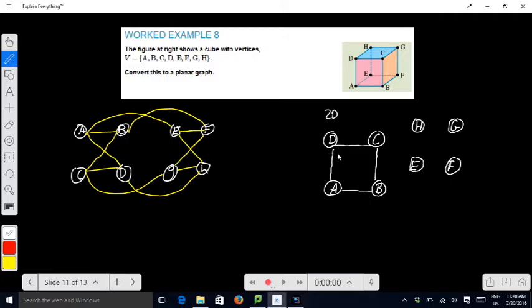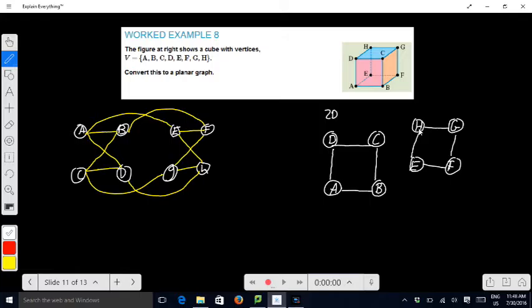The thing that makes an object three-dimensional, or converts that two-dimensional shape to a three-dimensional one, is connecting the same two-dimensional shape, so E, F, G, H, and connecting every vertex from itself to the next object.